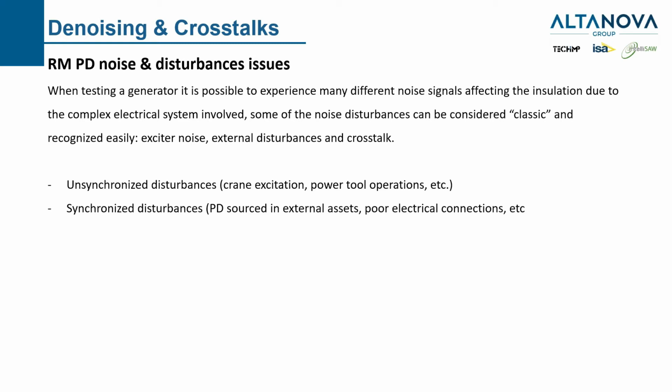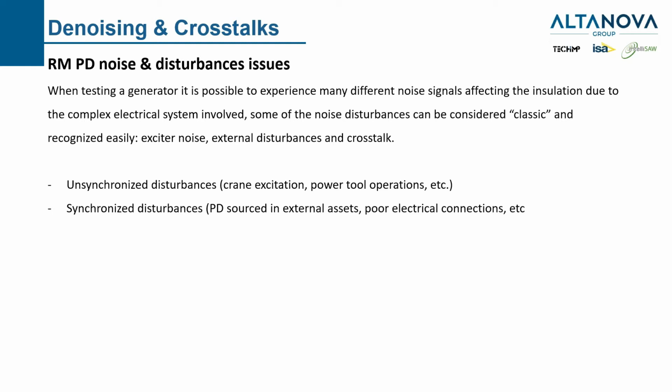When I talk about unsynchronized disturbances, that means there is no regular correlation with the applied voltage. So, for example, in the phase resolved PD pattern, I won't have triangles or groups of points like for the PD phenomena, but I will have a flat response of signals all along the phase angle, or sporadic random points here and there. Those are the unsynchronized disturbances, and they can cover what I want to see.